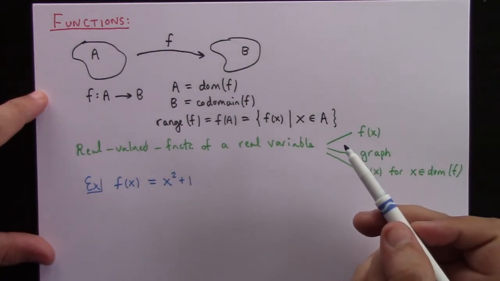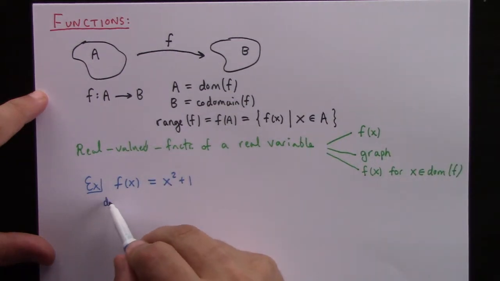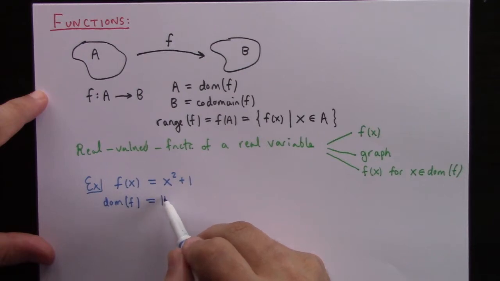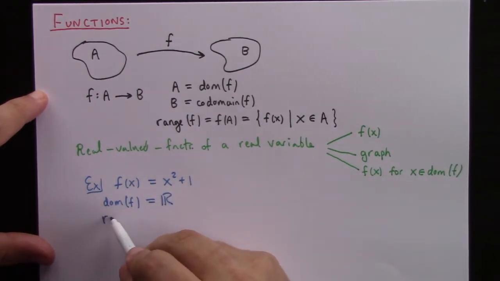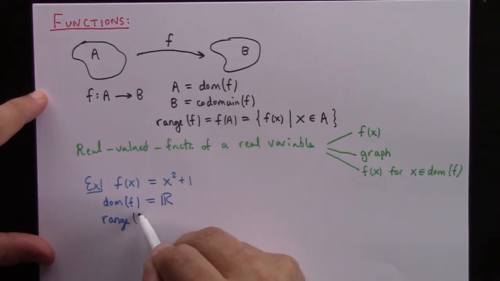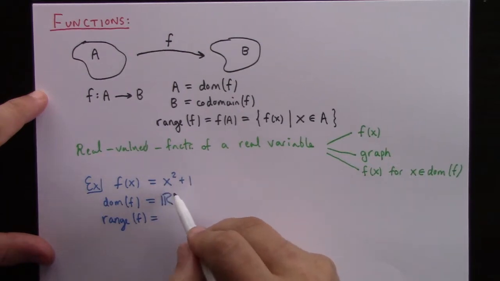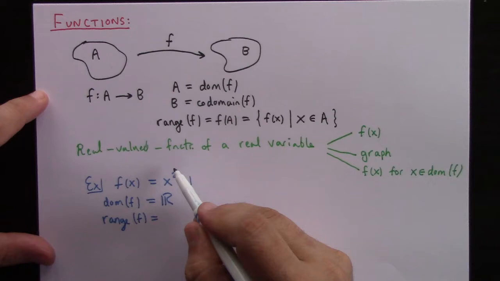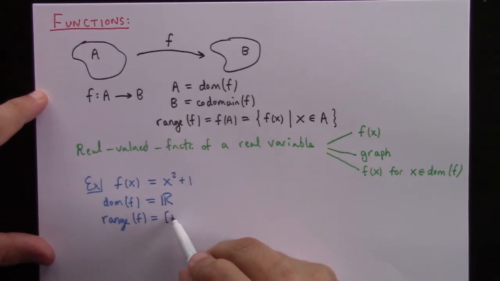Well, yes, it does. So the domain of f is equal to the reals. The range of f, you can think about this one. If you plug in real numbers into this formula, what happens? It's always 1 plus something that's non-negative. So the range of f is pretty clearly 1 to infinity.